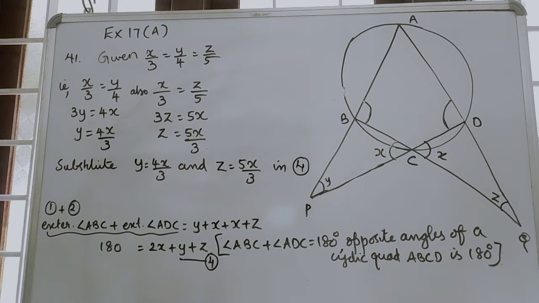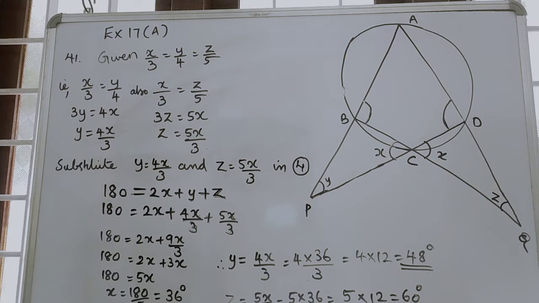So equation number 4 will become 180 is equal to 2x plus y, which we replace with 4x by 3, and z, which we replace with 5x by 3. Taking the same denominator, 4x by 3 plus 5x by 3, we can add the numerators.